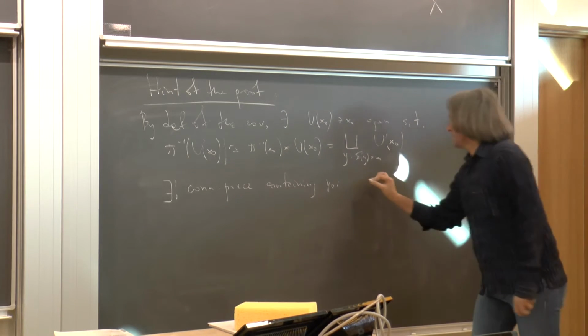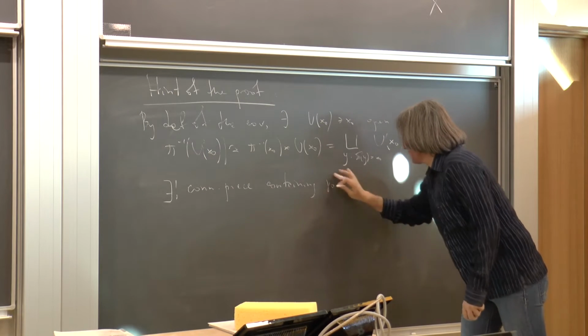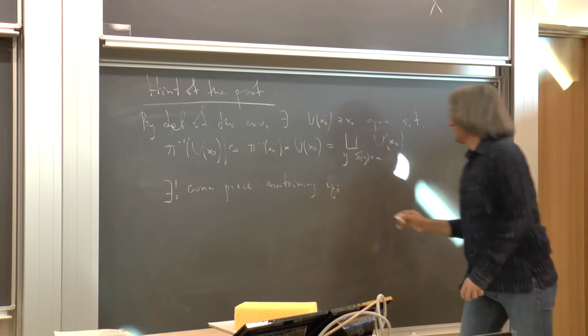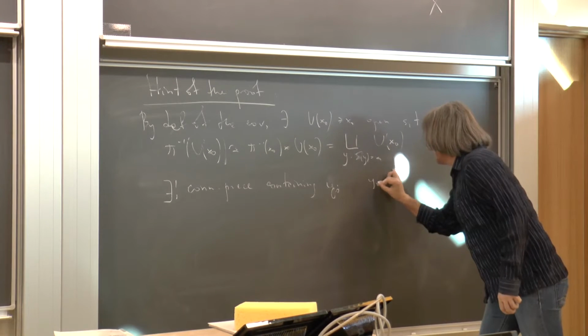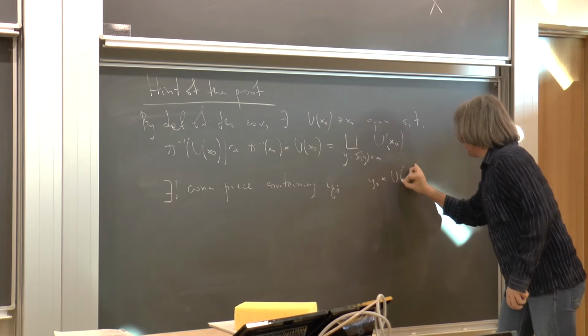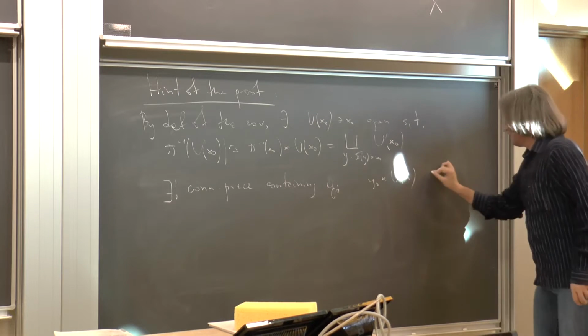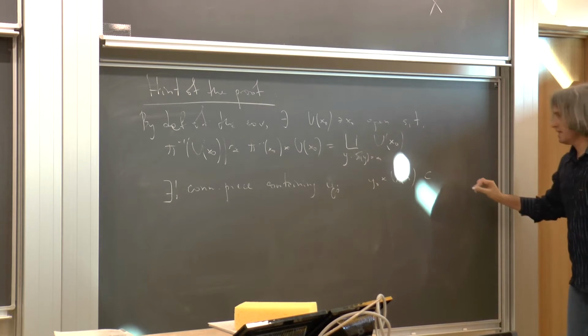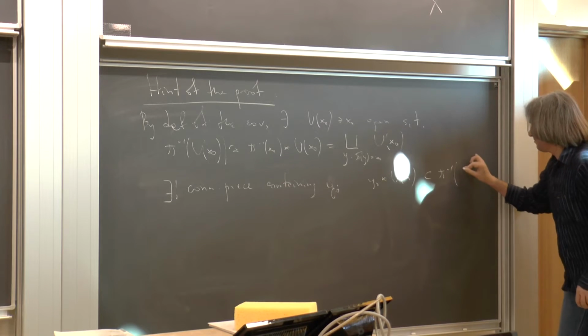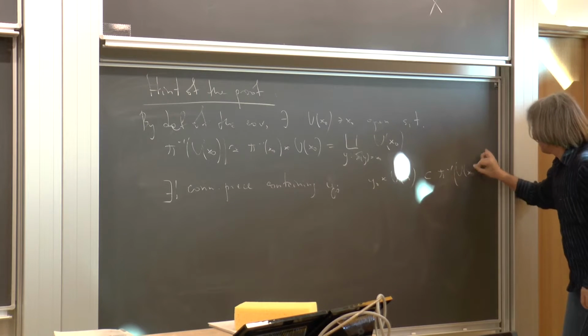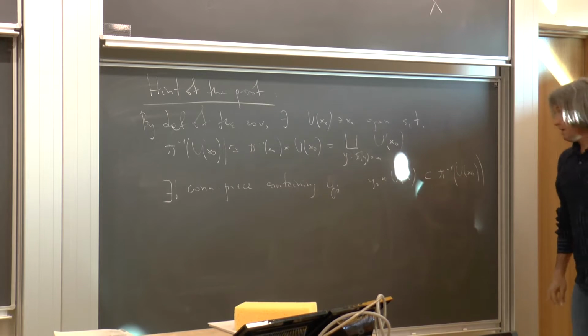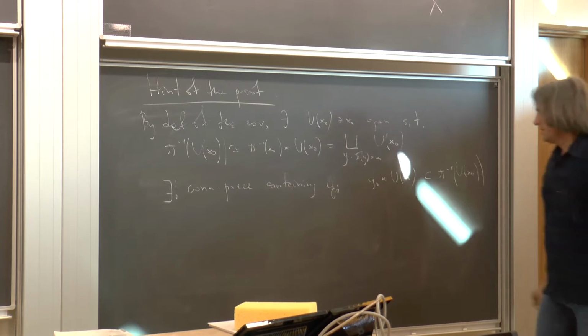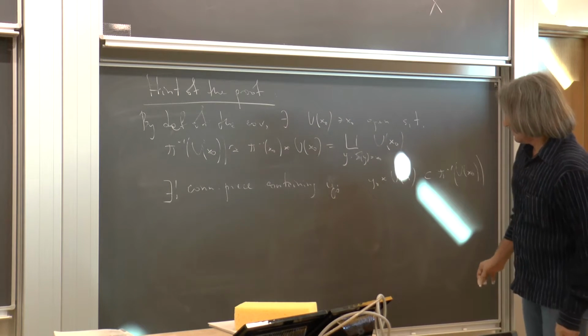So it's y naught times U of x naught as a connected component inside the pre-image of U of x naught. Very good.